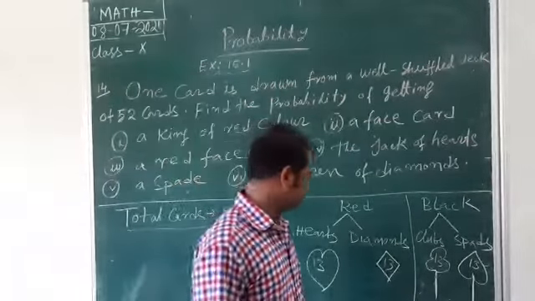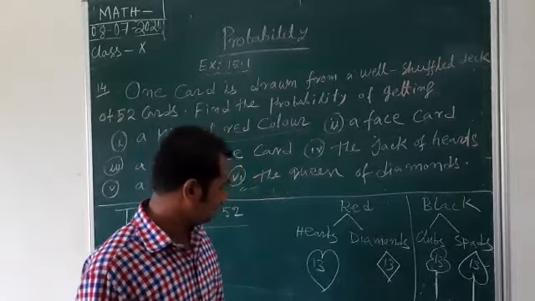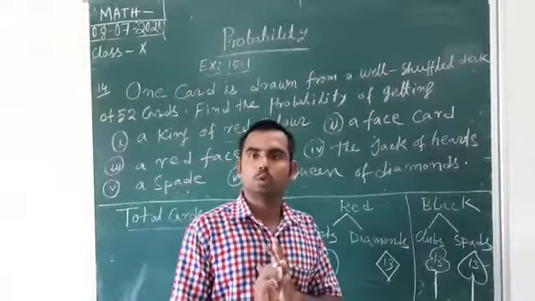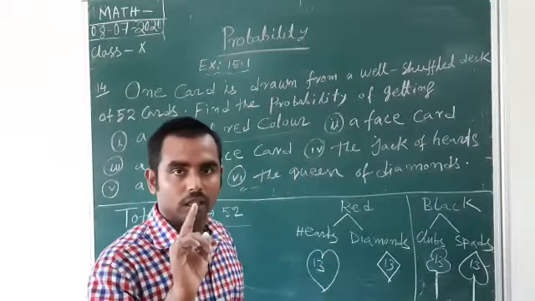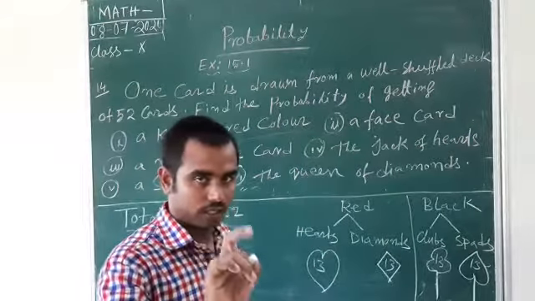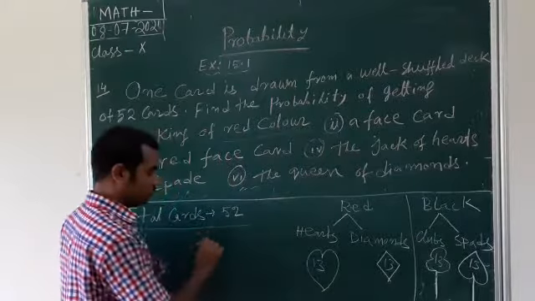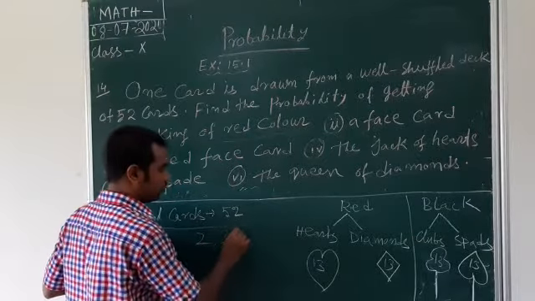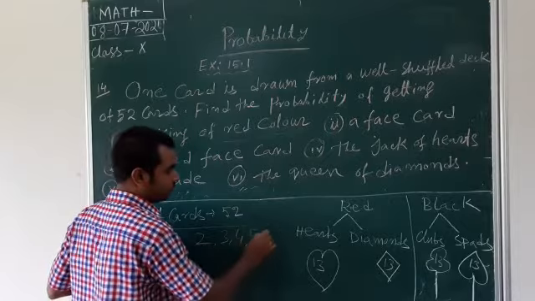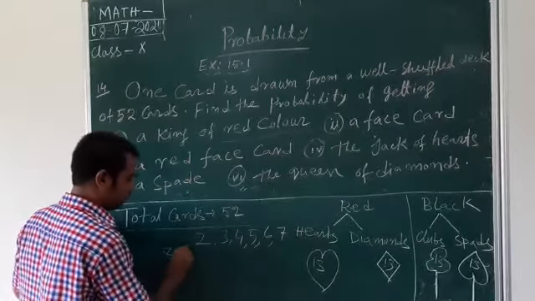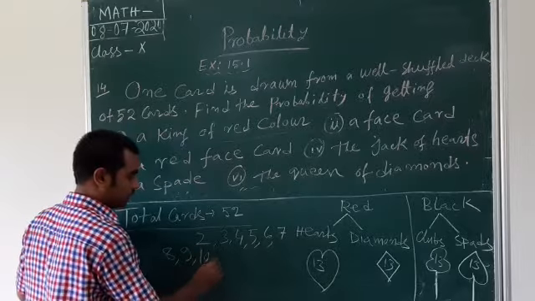52 cards. Okay? And the card numbers start from 2. There is no card numbered 1. So 2, 3, 4, 5, 6, 7, 8, 9, 10.